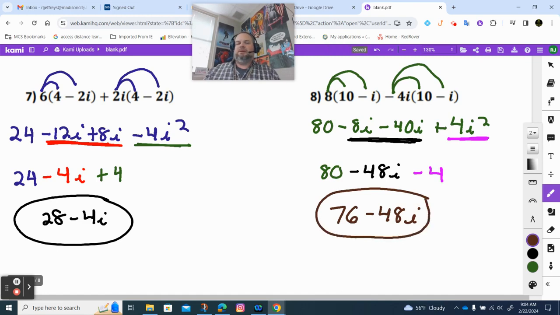Okay. So now we have a practice sheet. There is a problem on here, or two, that I don't want you to do yet, but I'll talk about that in a second.